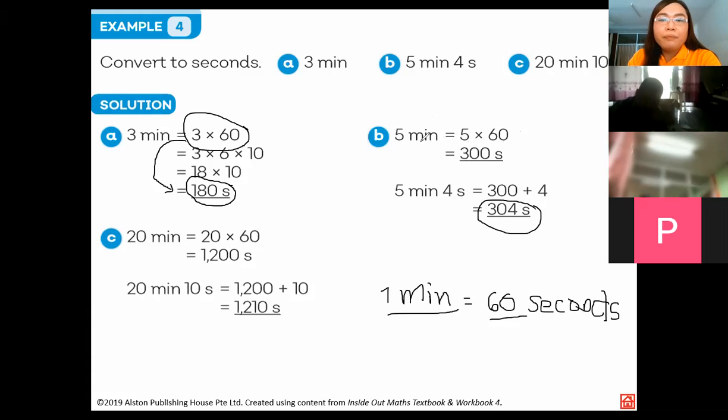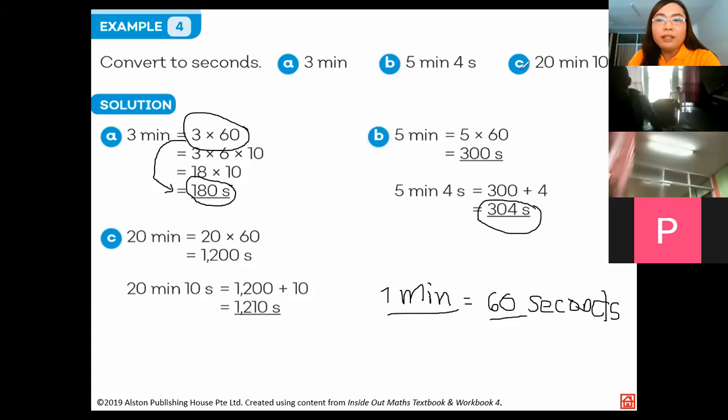Again, 5 minutes and 4 seconds, we will convert this to seconds, okay? So 5 multiplied by 60 is 300, plus 4, which is 304 seconds.